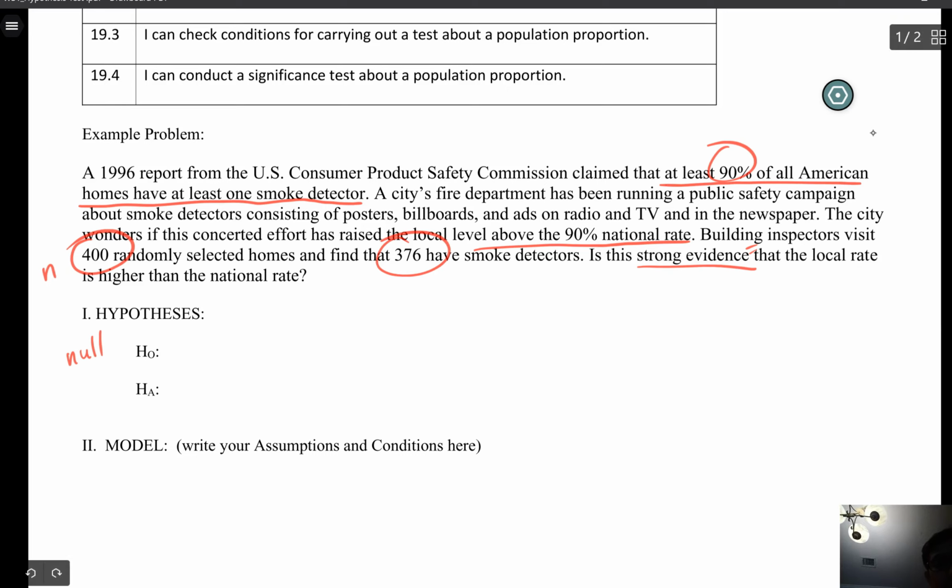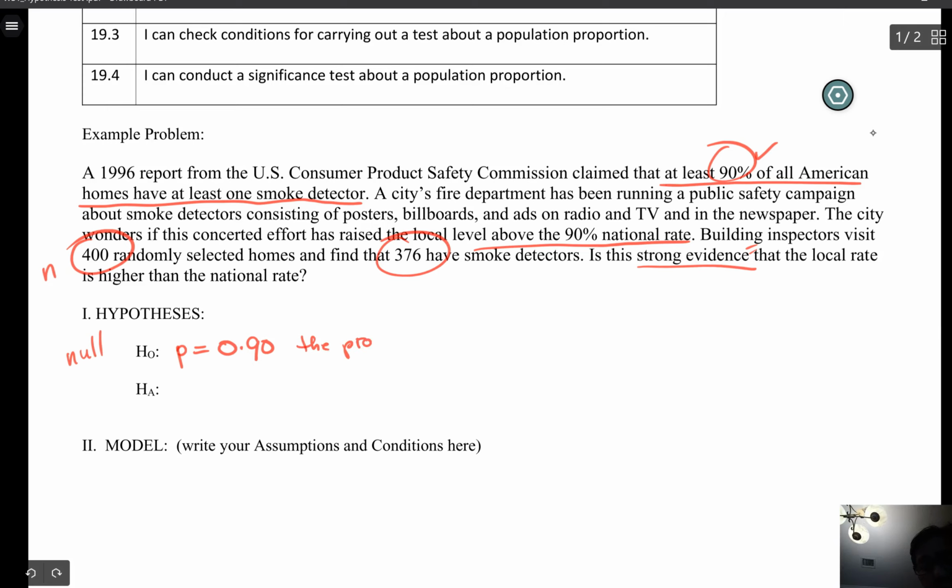So if everything is the same, the proportion p of homes that have at least one smoke detector for the city is going to be the same as the national rate, and that's 90%.